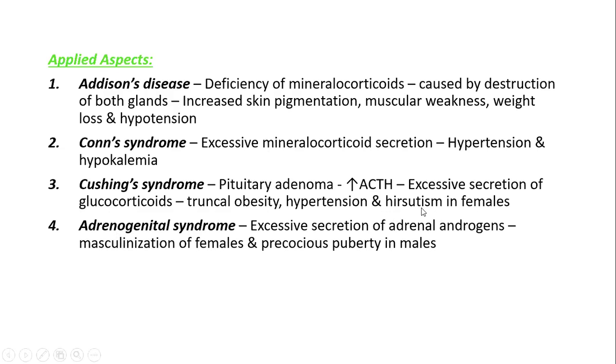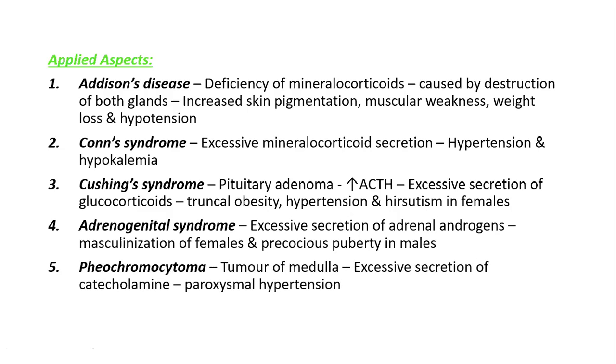Because there is excessive production of androgens, it leads to male-like features in females, and in males, even before puberty, he will look like a man. That is called precocious puberty, where there is excessive development of male features before puberty, so there is early puberty.